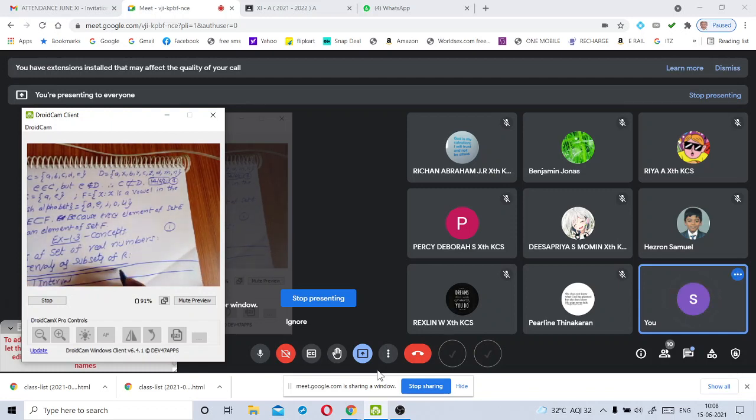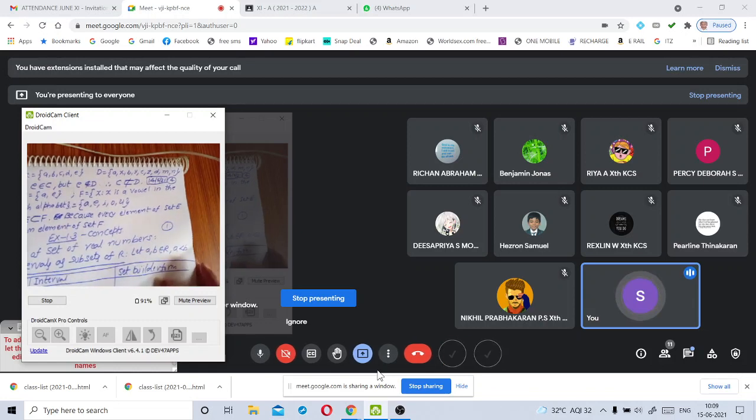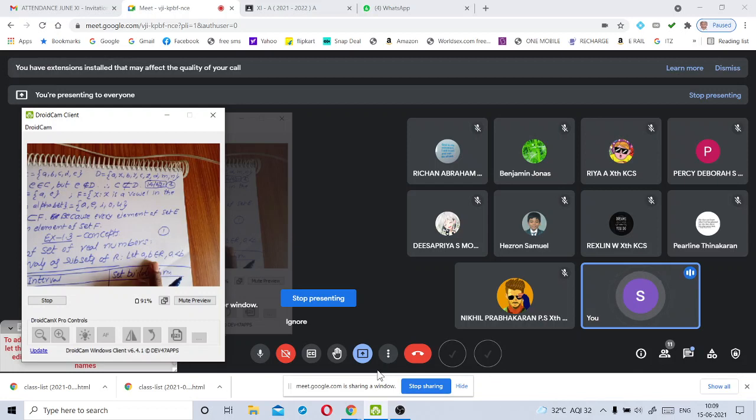Interval. Let us assume that A and B are two real numbers, and A is less than B. A is the smaller number and B is the bigger number.